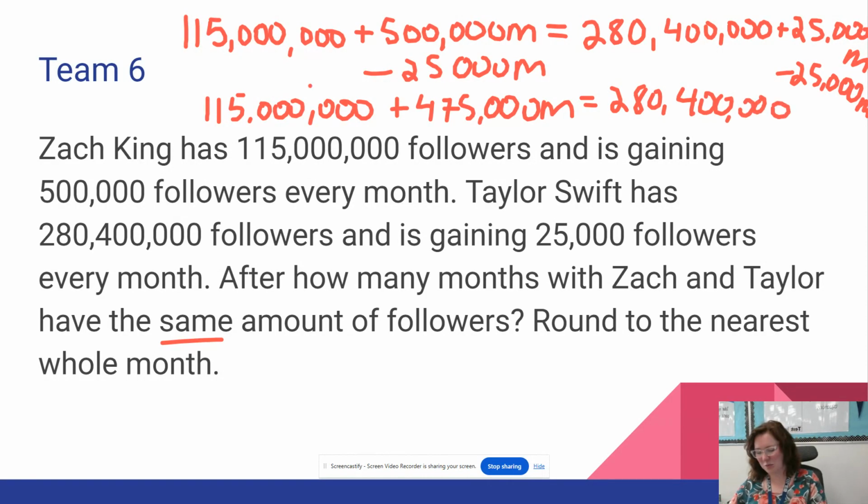And then we subtract 115 million on both sides of the equal sign, so 280,400,000 minus 115,000,000. And then divide by 475,000. And round to the nearest month, that's going to be 348 months. That's how long it's going to take them.